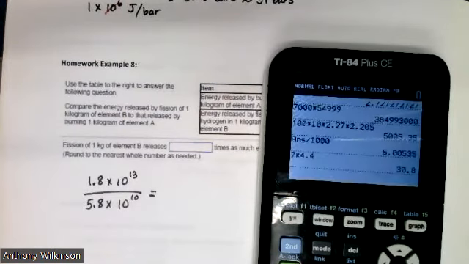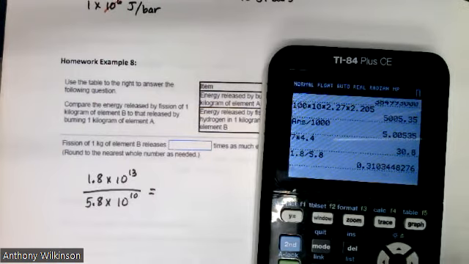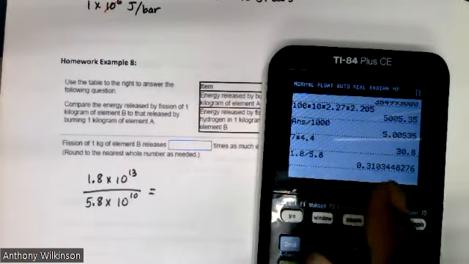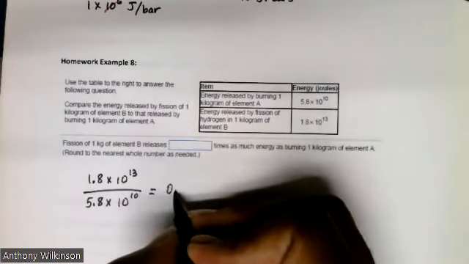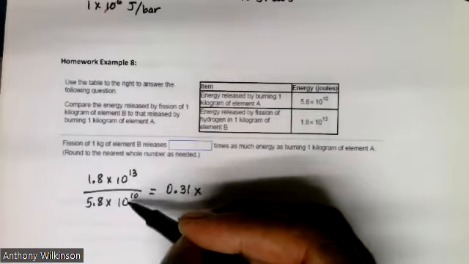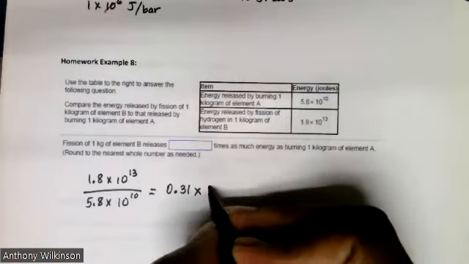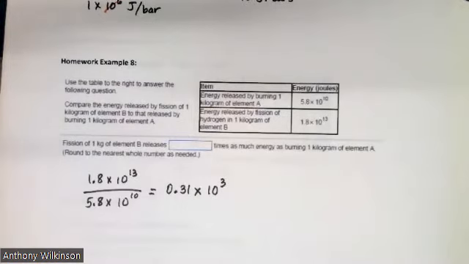All right, so if I do 1.8 divided by 5.8, and here I'm going to round this to 2 decimal places, so that will be 0.31. Times 10 to the 13th divided by 10 to the 10th. Here we subtract our exponents. For 10, it will be 10 cubed.